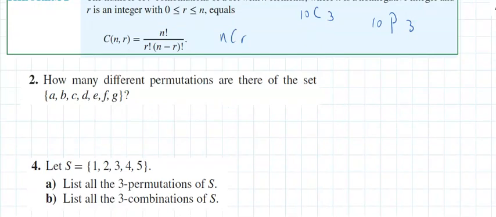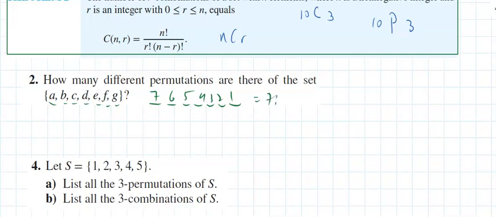The first question asks how many different permutations there are of the set. So we have 1, 2, 3, 4, 5, 6, 7. You could do it the long way: there are 7 choices for the first, 6 for the next, then 5, 4, 3, 2, 1, or simply 7 factorial.